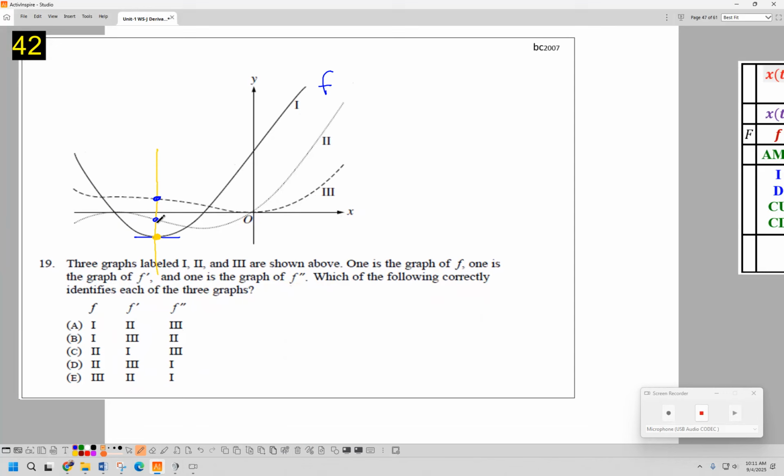That doesn't work. Like that can't work. This cannot be F, because the other two, neither one of them would be F prime. We need to talk about that. Okay, cool. So we got to pick somewhere else. So clear that off. So I would make a note that number 1 is not F.